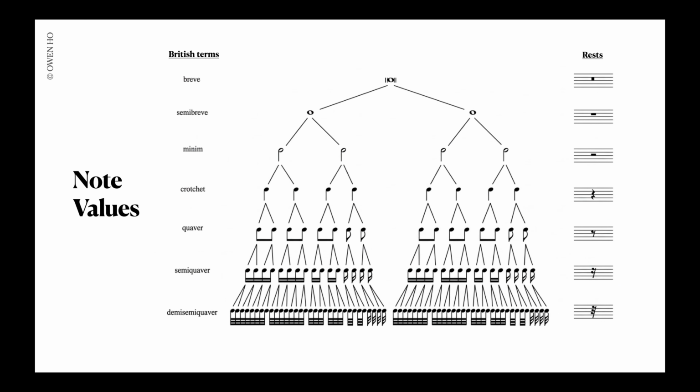One very important point about the semibreve rest is that it's also known as the whole bar rest, because regardless of the time signature, it's always used if the bar is empty or silent, hence the name.